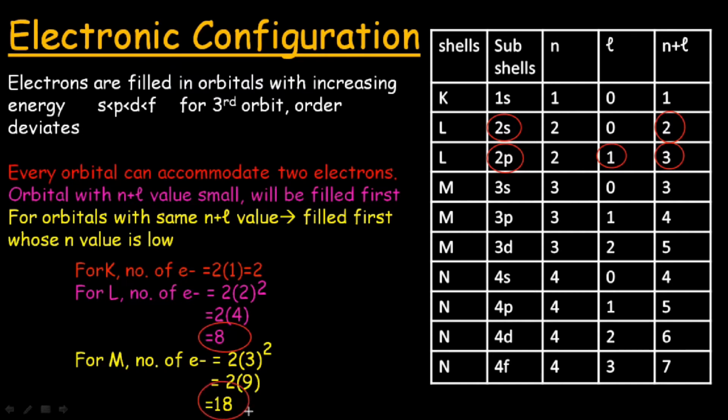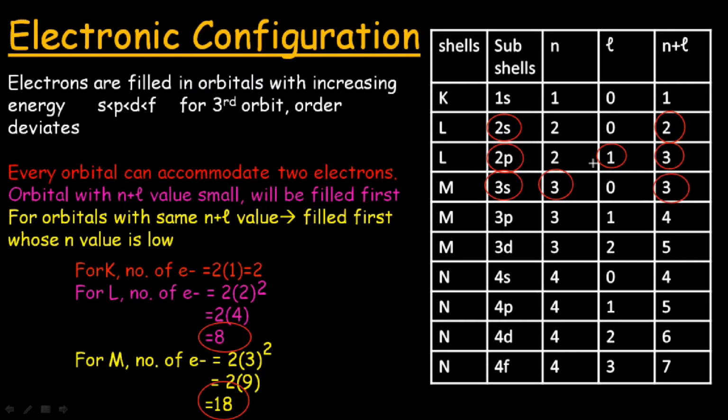The M orbit can accommodate 18 electrons. Now start filling the electrons in the M orbit. The principal quantum number for M is 3. 3s shows that the s orbital is present in the third orbit. The azimuthal quantum number for s is definitely 0. 3 plus 0 gives us the answer of 3.